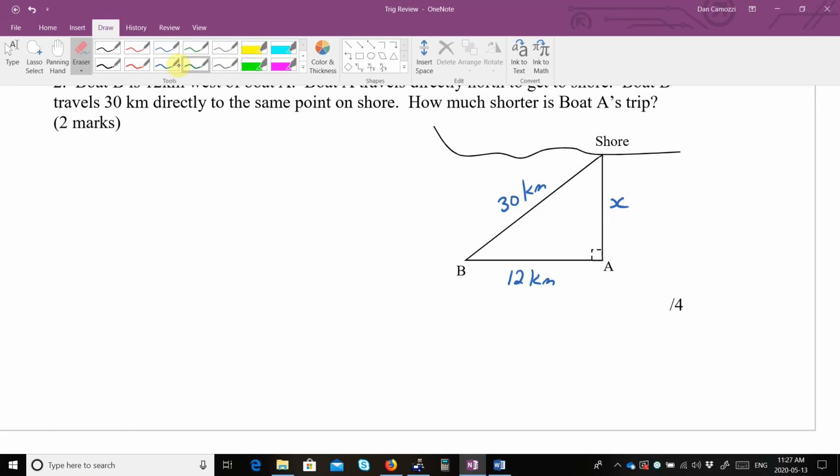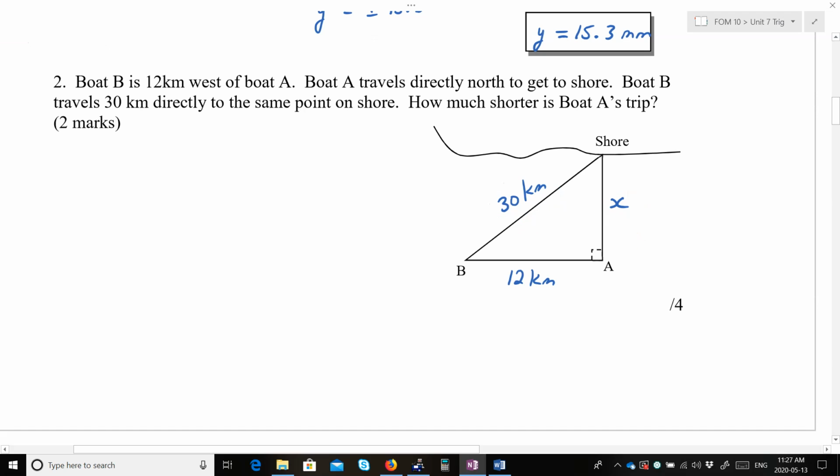Okay, so they're showing that it's a 90-degree triangle, which means Pythagoras and SOHCAHTOA applies. When you have two of the three sides and you want to get the third side, we can use Pythagoras. Across from the 90 is C, so we could call this one A and this B. And go A squared plus B squared equals C squared.